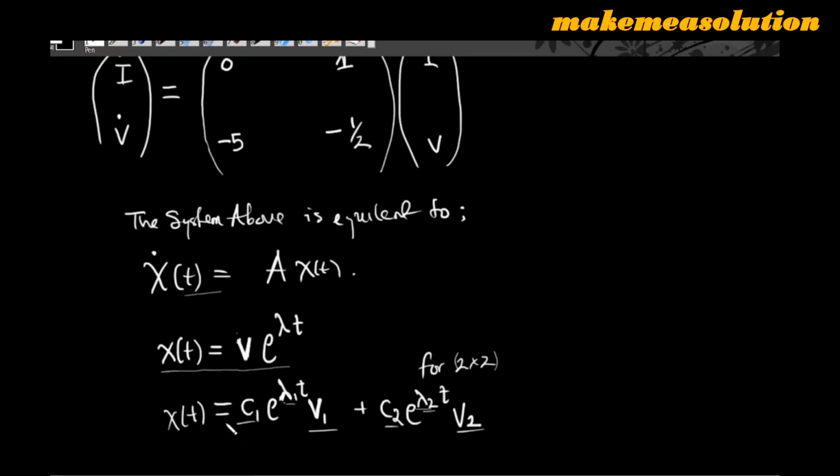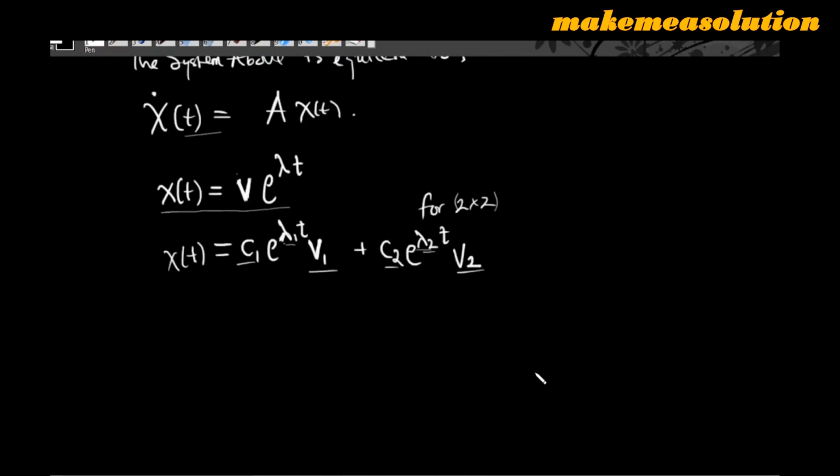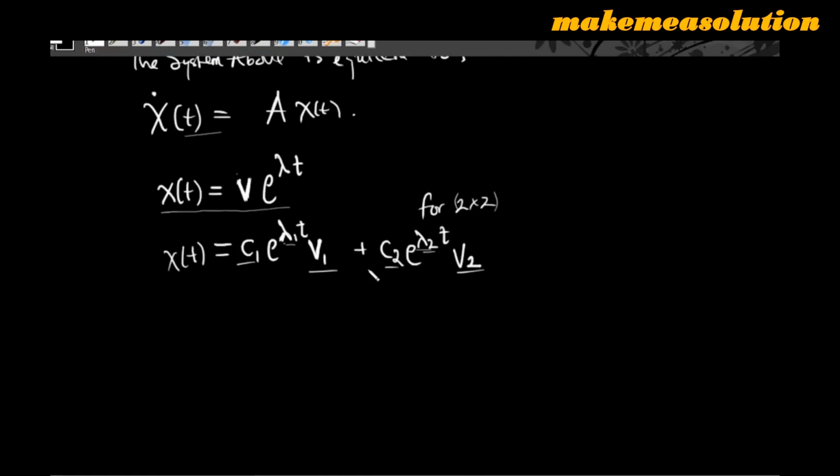So this solution is going to split into what we have here. These are our independent solutions for this 2 by 2 system. Now we are going to begin right away. To solve this problem, we need to find the eigenvalues for this system.